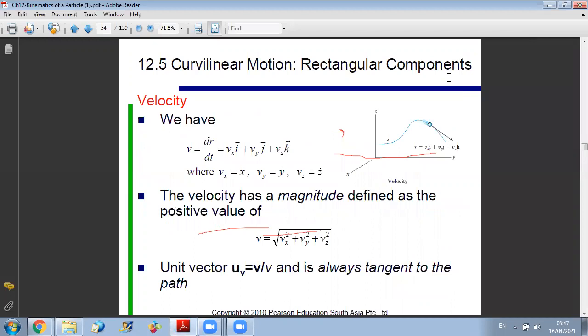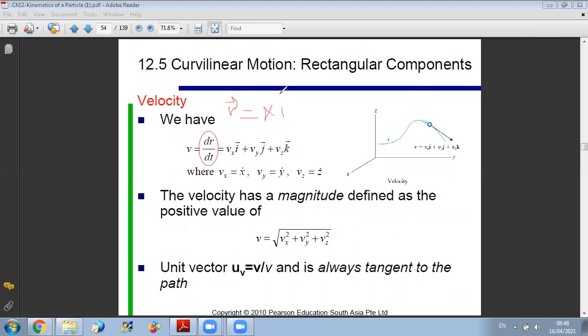Now, concerning the velocity, if I want to define the velocity in rectangular components, all I have to do is start from my definition that velocity is the derivative of position with respect to time. So since velocity is the derivative of r, I will differentiate the position vector r, which is xi plus yj plus zk.